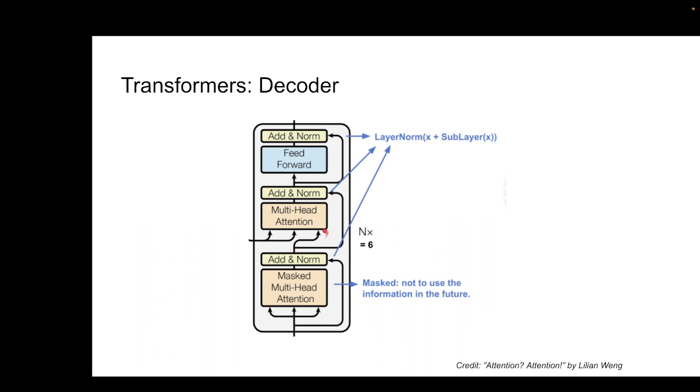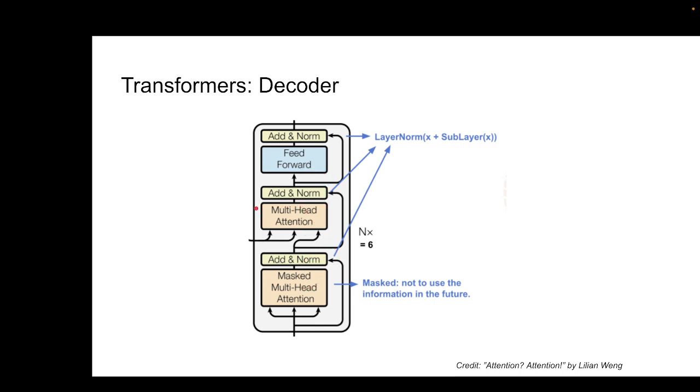So the parts of the words in the decoder become your query, and the key and value are supplied. Hence there are 2 arrows: the key and value are supplied by the encoder. Then you have an add and norm, and then the feed forward and add and norm. These 2 parts, the top and the bottom, are similar; it's only the middle part that is a little bit different.